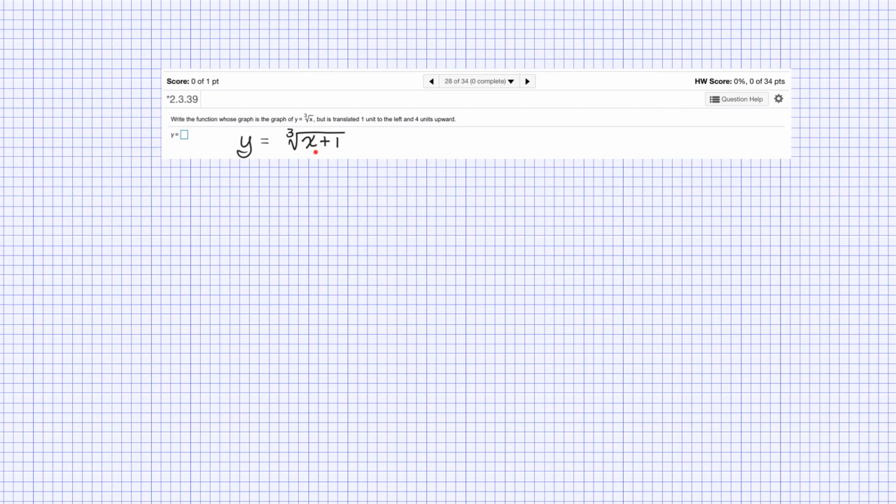What would have to go here in order to get 0? -1, so it would shift left 1 unit. And then 4 units upward is just +4. That part's not tricky, right? It's the left-right that's a little bit more challenging. So you're going to have several like that in order to test your skills with how well you understand how these transformations take place.